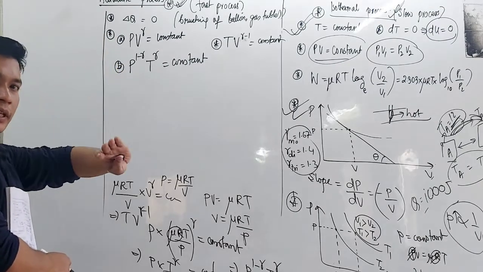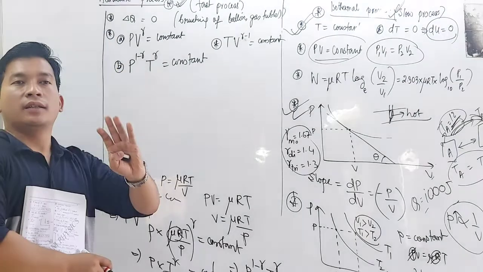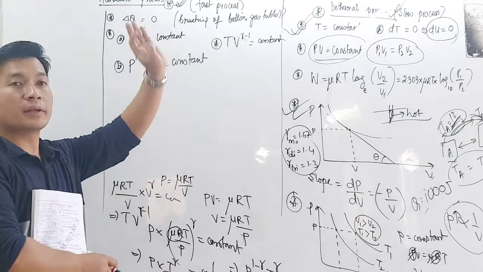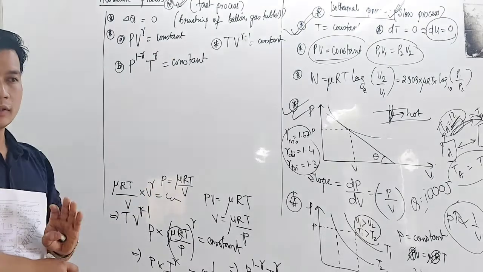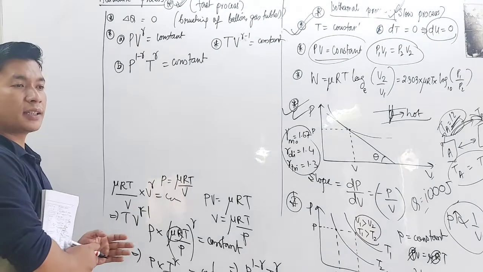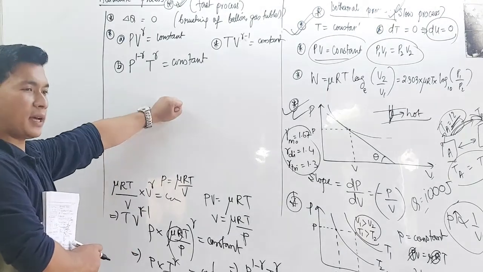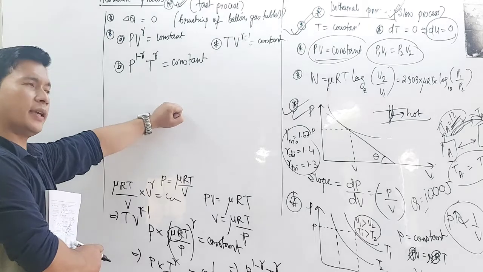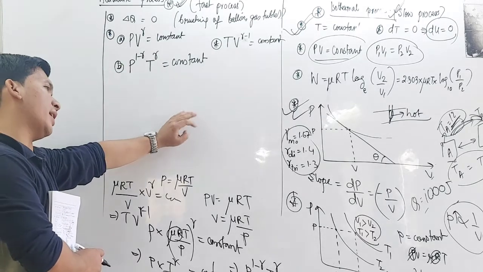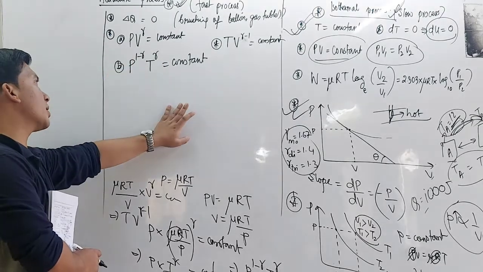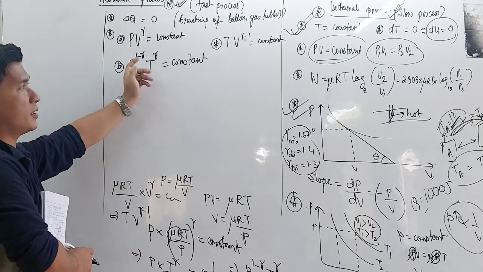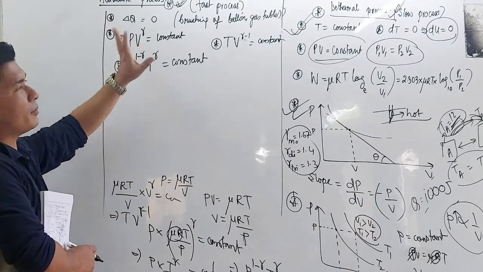The equation of state for the adiabatic process will be quite different from the remaining three processes. Isothermal is like this, isobaric is like this, volumetric is like this. But the adiabatic process is quite different from the remaining.